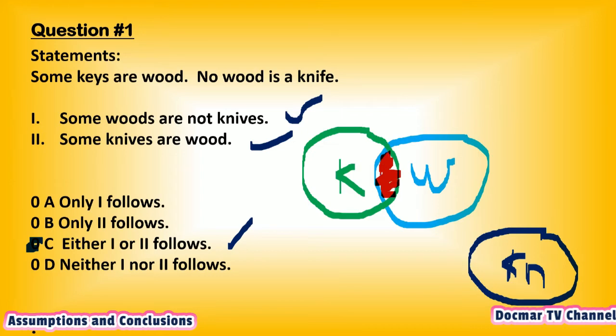Take note that this intersection is an indication that keys are also part of the woods, and woods are also part of the keys. And here we have learned that knives are not part of wood or even knife, because it is separated from this one.